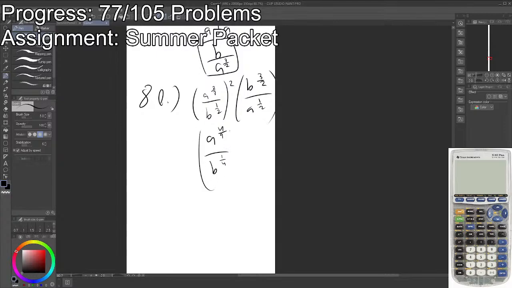I'm not too sure about how to square these. Or wait, no, I think you just multiply the 2 over 1. Yeah, that's how you do it.